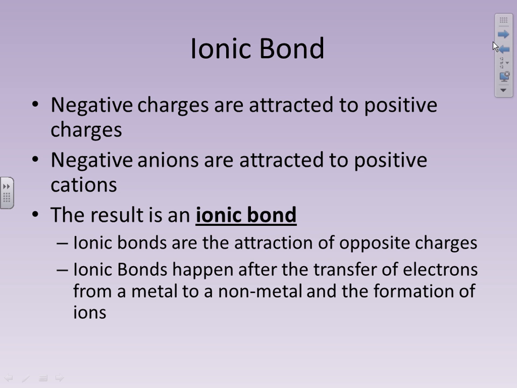Ionic bonds happen after the transfer of electrons from a metal to a nonmetal and the formation of ions.